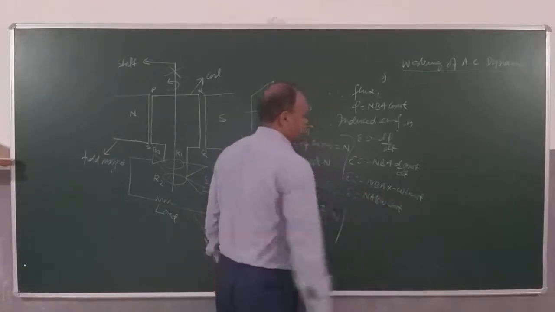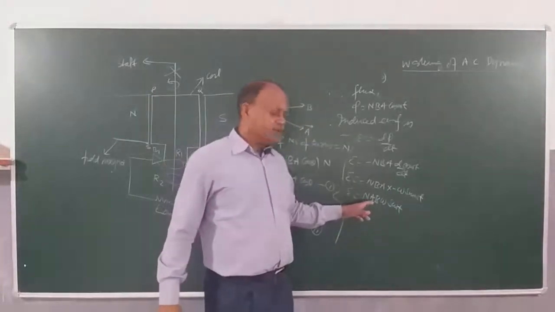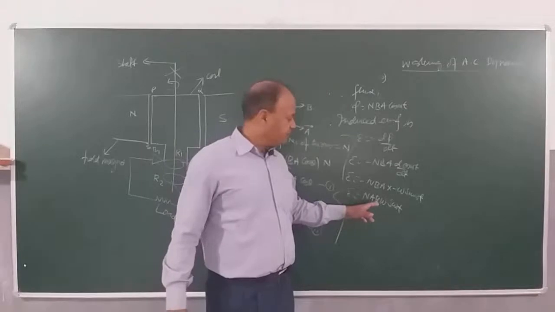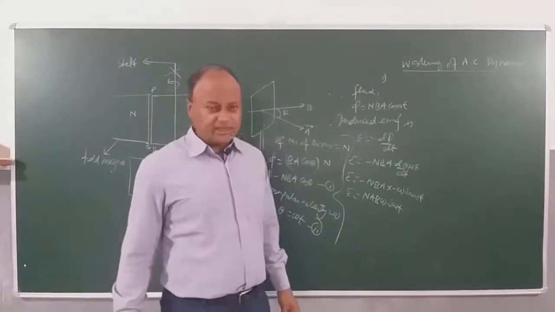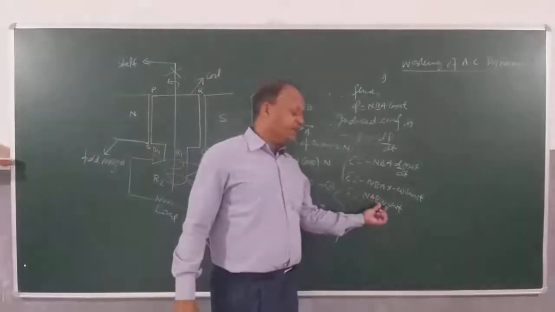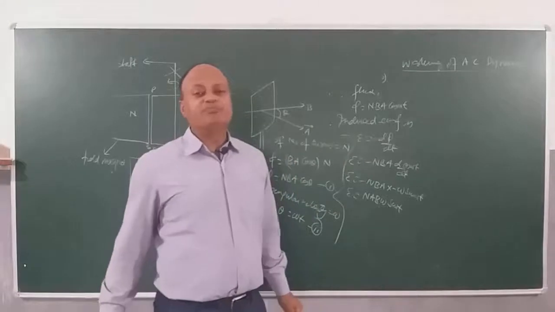Now, this is a very interesting result. N is the total number of turns, A is the surface area of the coil, B is the magnetic field, and omega is the angular velocity. So you can see that NAB and omega are always constant, they have a fixed value, and this is called the peak EMF.